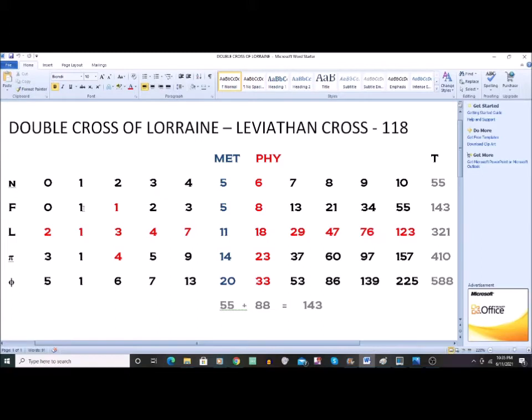If you're new and you haven't seen any of my videos on this table before, this is just a table that I came up with. Here's 0 to 10. Here's the Fibonacci sequence. Here's the set of Lucas numbers, which is the Fibonacci started on 2, and there's 2 more rows that I added in, which I called pi, because it's got the numbers for pi at the start of it.